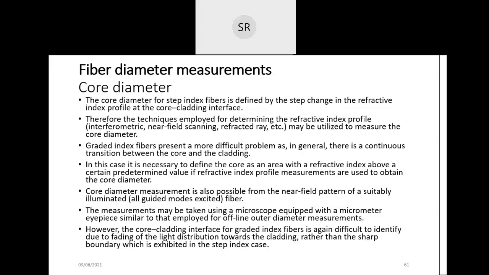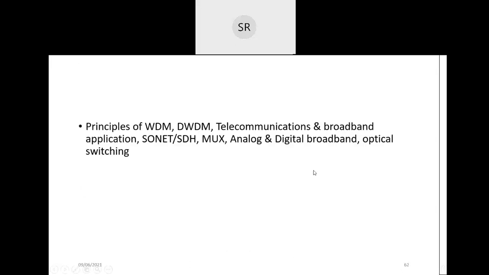We have already seen a method for the refractive index profile. Through that method, we can measure the core refractive index and core diameter of the fiber. That is about the fiber index or core diameter measurement topic of optical fiber.